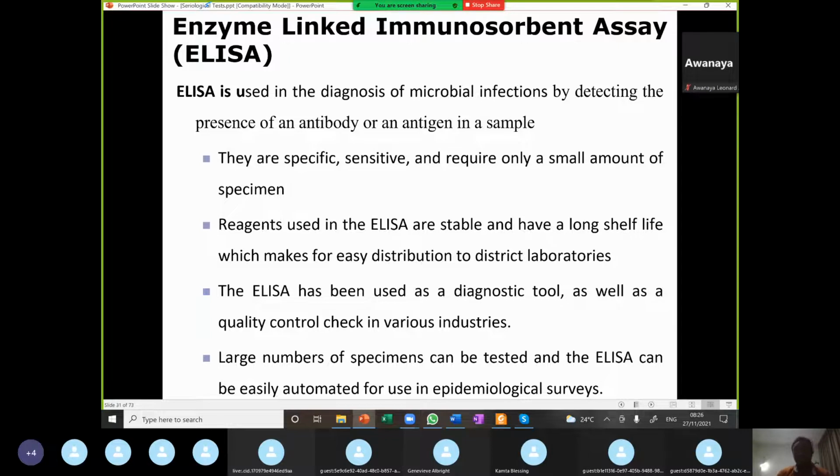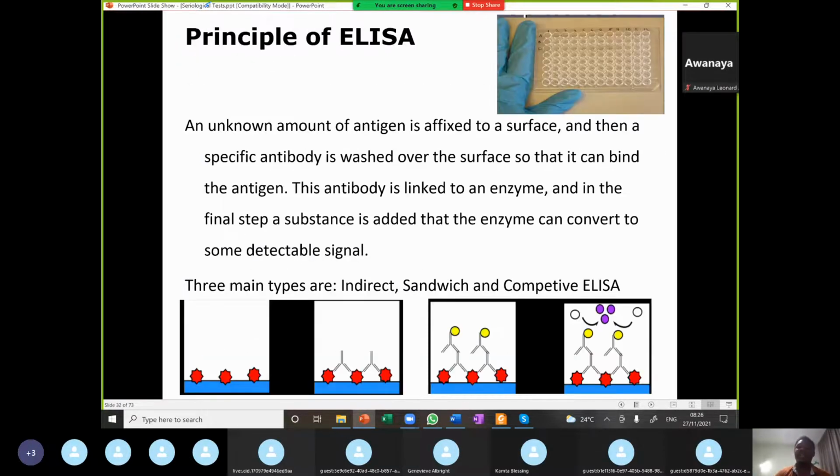Again, it has a very high sensitivity and high specificity and can be used in high throughput. So we can measure so many samples almost at a go. A typical ELISA plate is a 96 well plate.